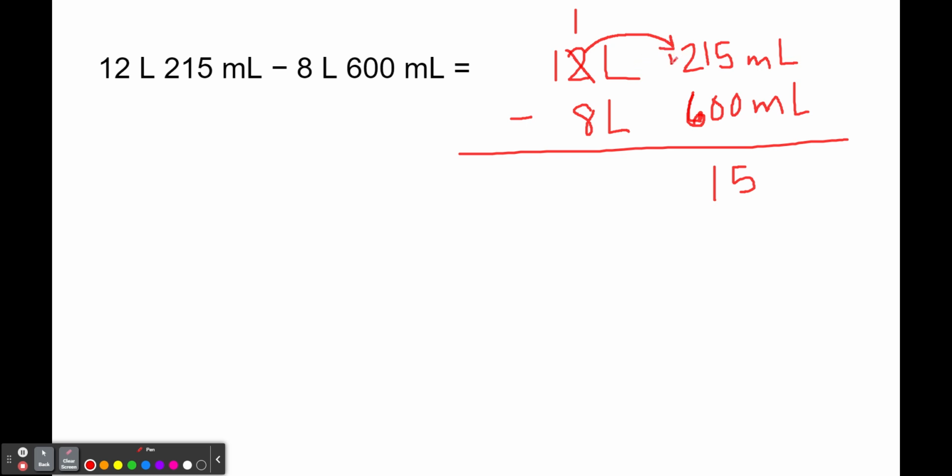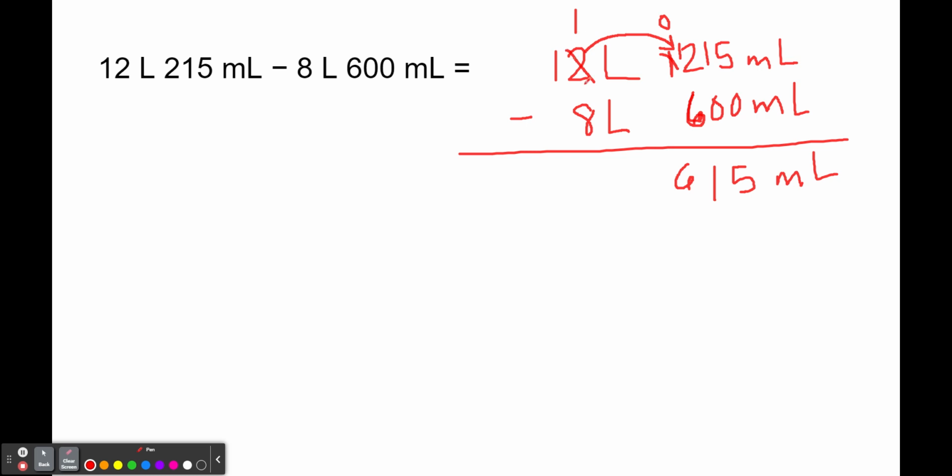So now I have 1,215 milliliters. So now I can take that 1,000, change it over to 1,200s, right? So now I have 12 take away 6, which is going to be 6. So I have 615 milliliters.